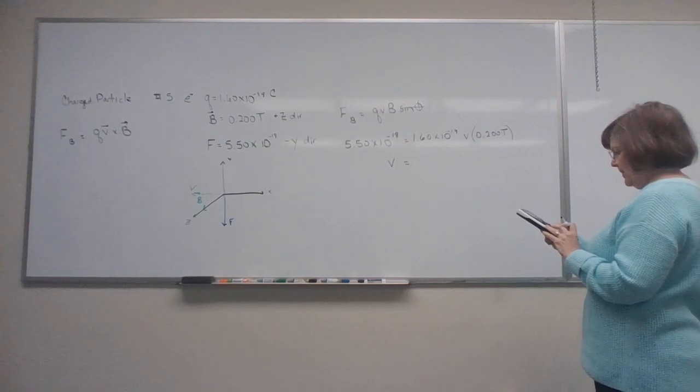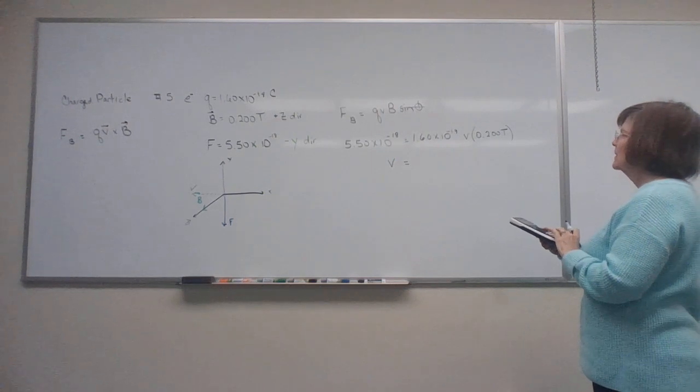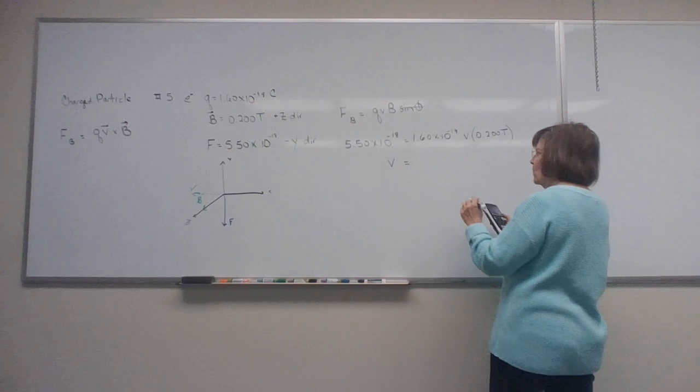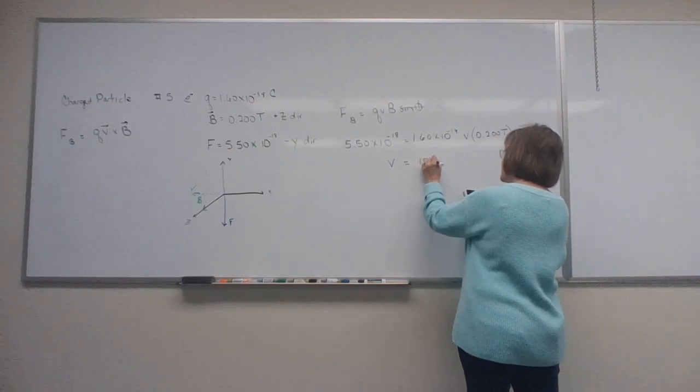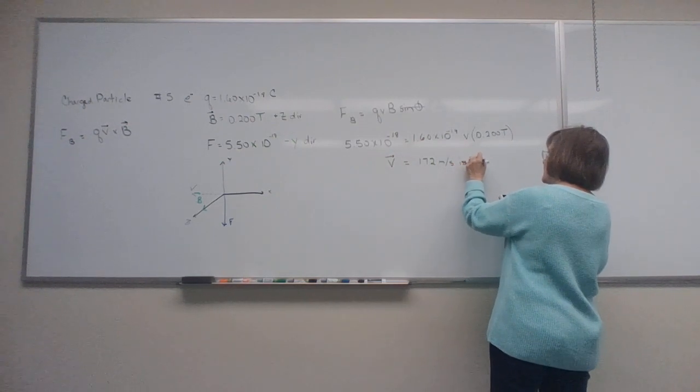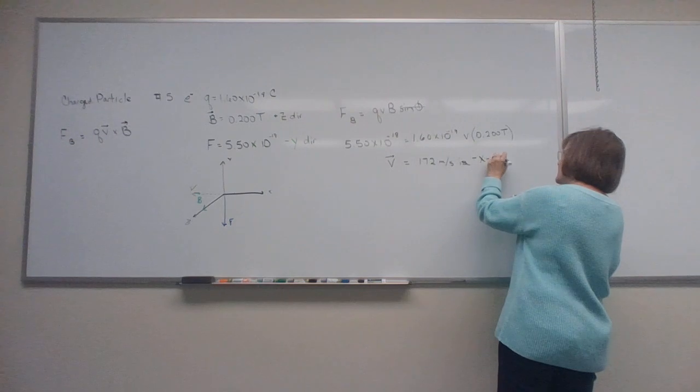And then divide that by 0.2. And I'm getting 172 meters per second in the negative x direction.